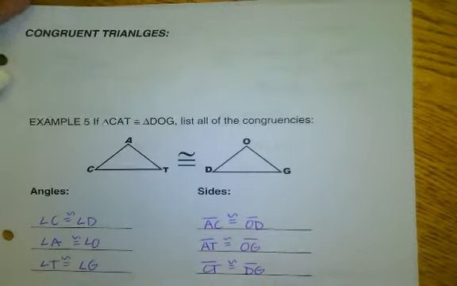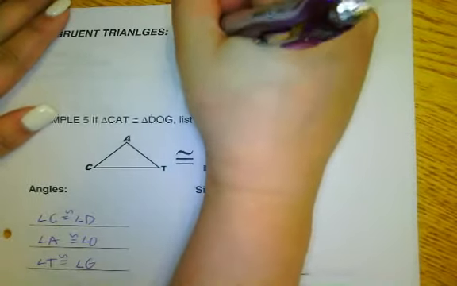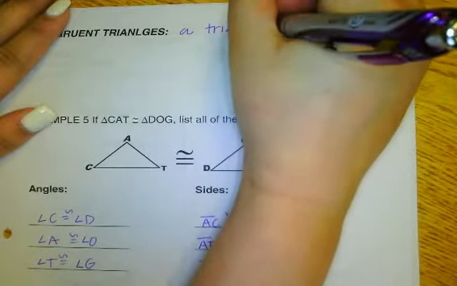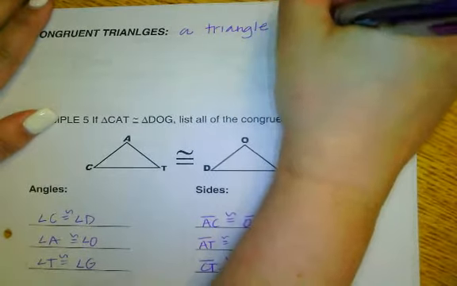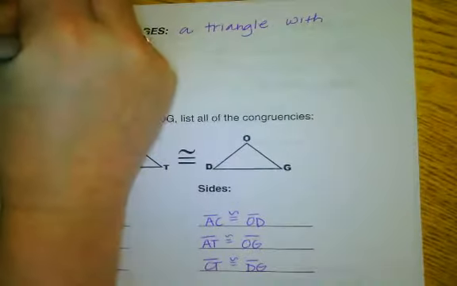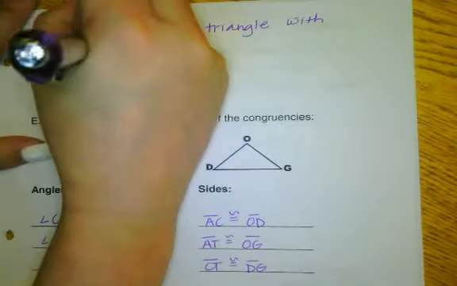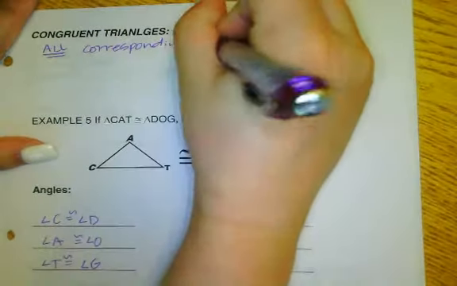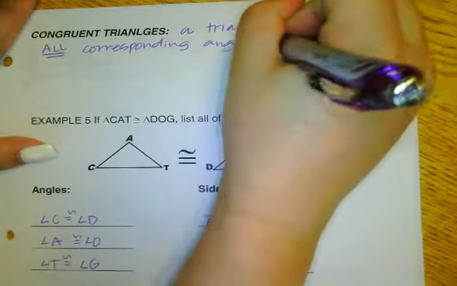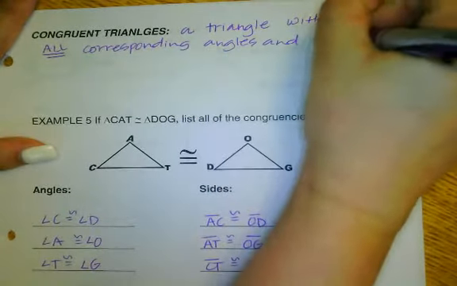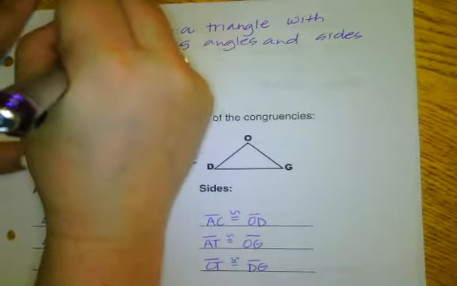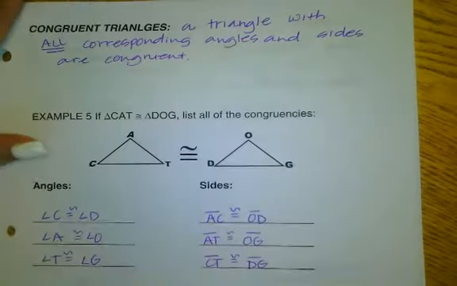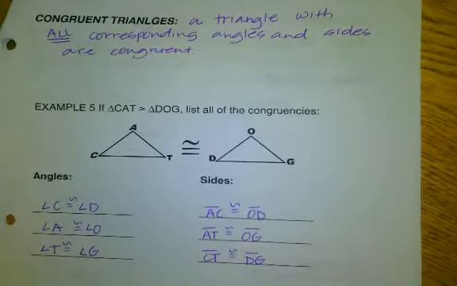Congruent triangles, which we talked about just a bit ago, is a triangle where all the corresponding angles and sides are congruent, a triangle with all corresponding angles and sides congruent.